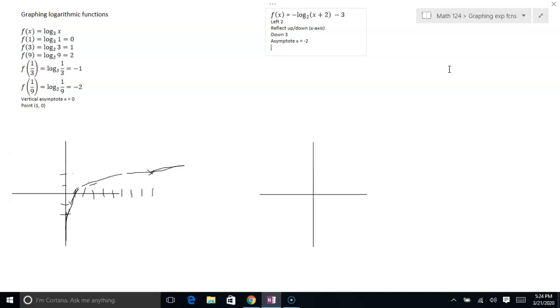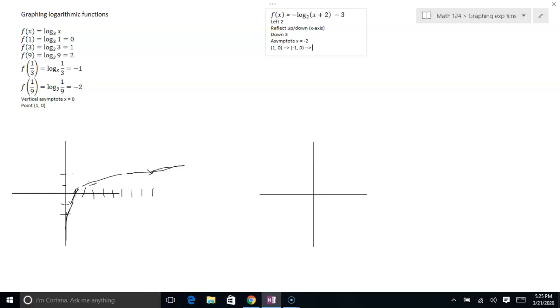Now we need to follow the point. The original point on the original generic graph is (1, 0). And we're going to take it through all of these transformations. First thing it does is move left 2. So left 2 from 1 is -1. Then we're going to reflect it over the x-axis.